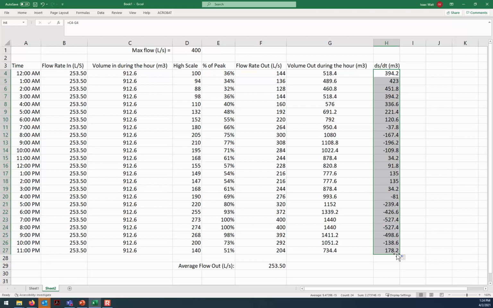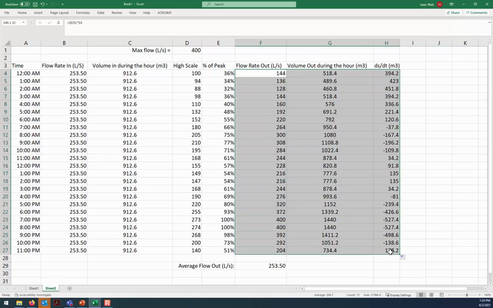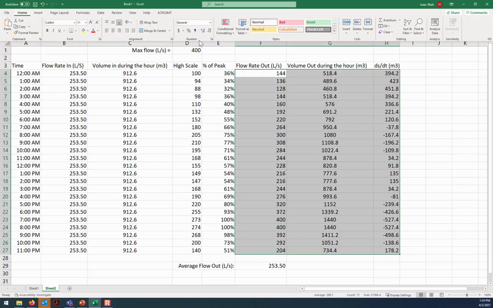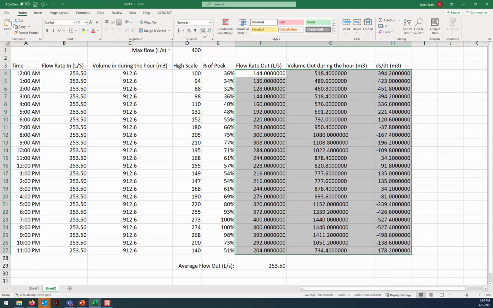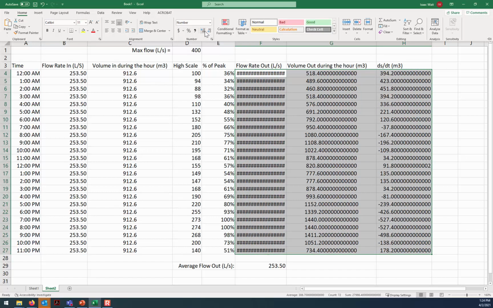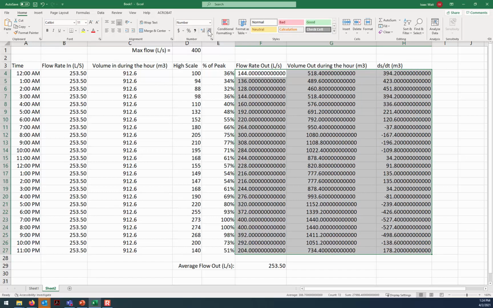By the way, since we're on the subject of spreadsheets, what do you think looks better? This, or is it better to do this? Is that more fancy if we put a lot of extra zeros at the end? It's silly, right? It just makes it visually distracting and cluttered.